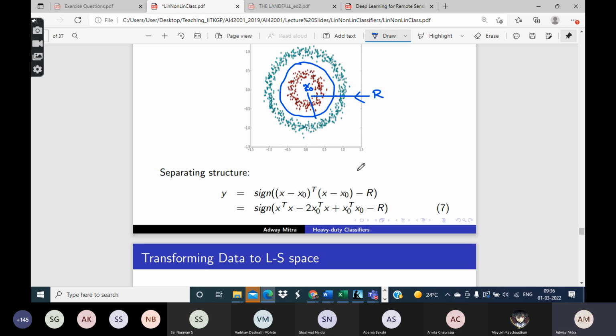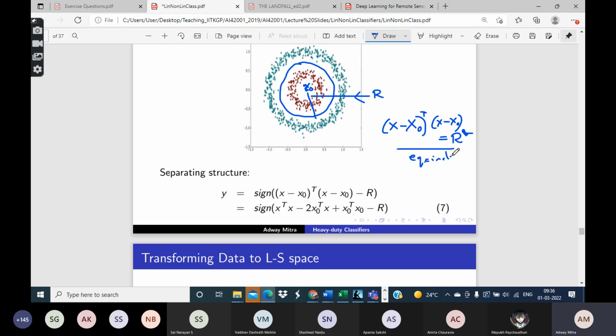The equation of the circle can be written as x minus x naught transpose x minus x naught equal to r square. Instead of writing r square, I can just write it as r, absorbing the square into r. So this is the equation of the circle.